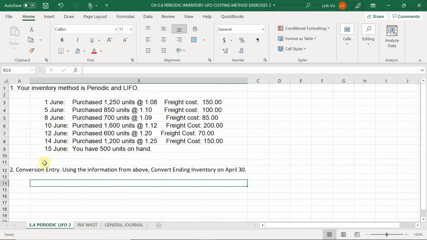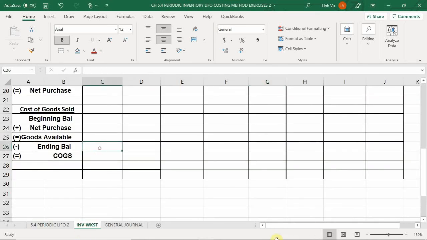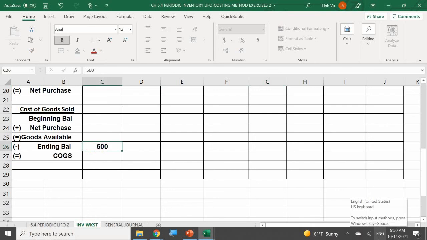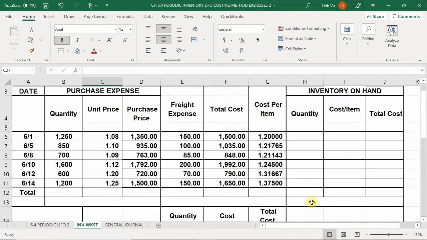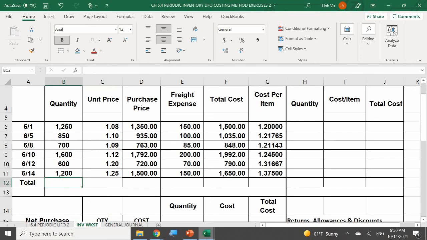So let's go ahead and take a look here in the scenario. I said that at the end of June 15, we had a total of 500 units on hand. So therefore, my ending balance quantity is 500 units. Let's go ahead and tally up our totals to solve for our total net purchases.